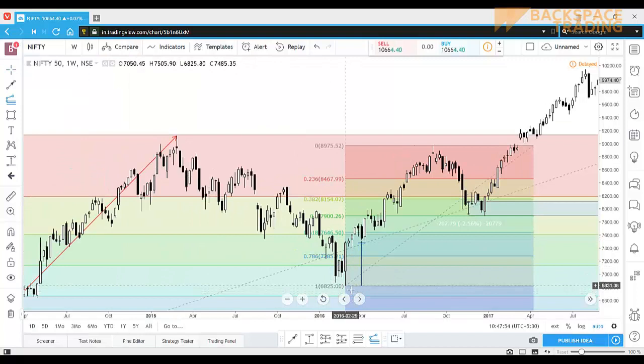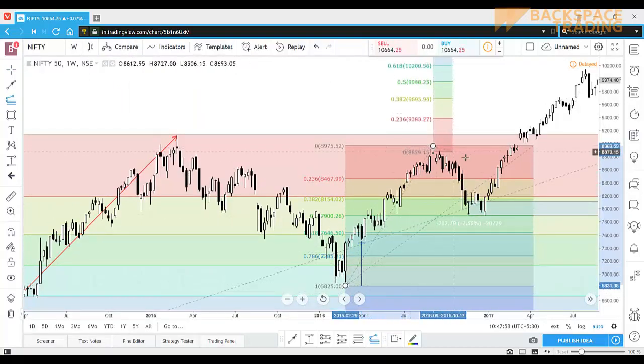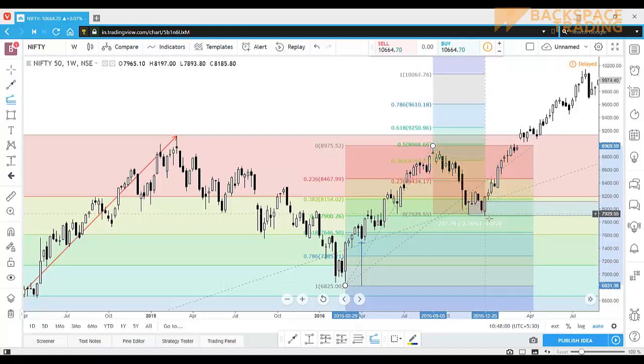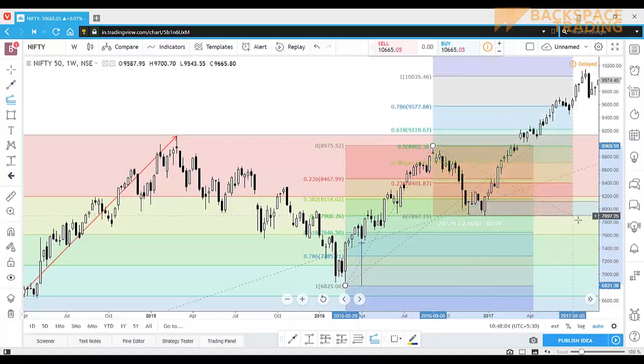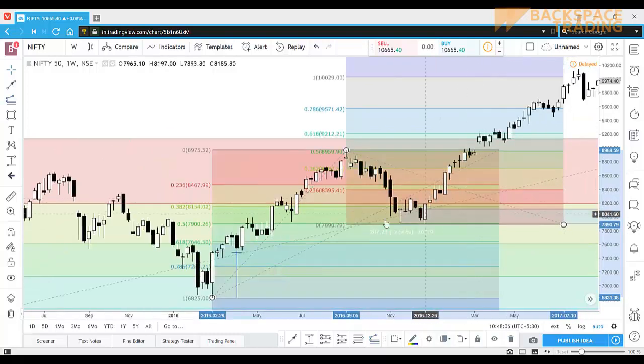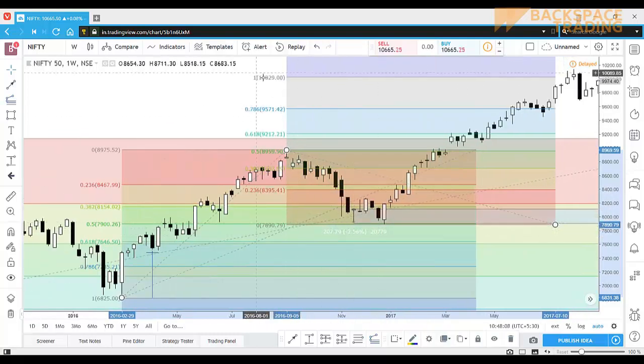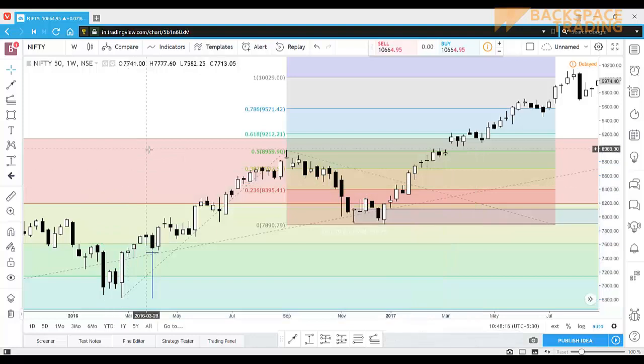I am plotting the low, I'm picking the high, and I am picking the second higher low. Okay, you get an inverted style number over here. Let me take out this so that you don't get confused.